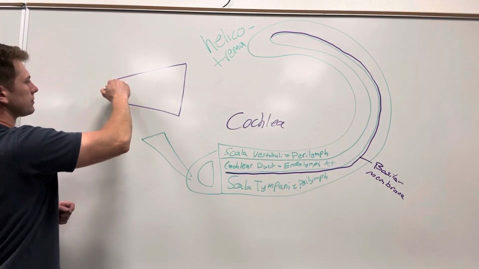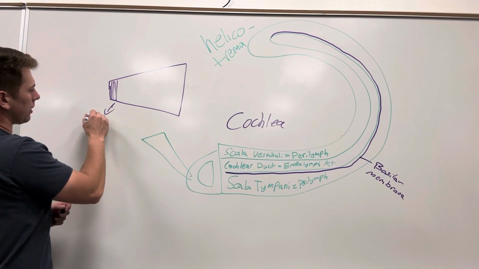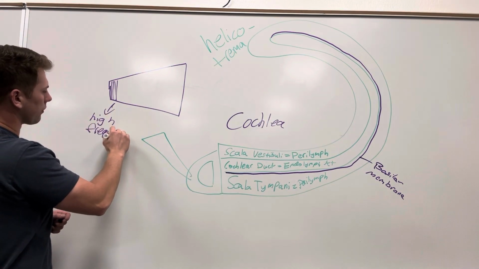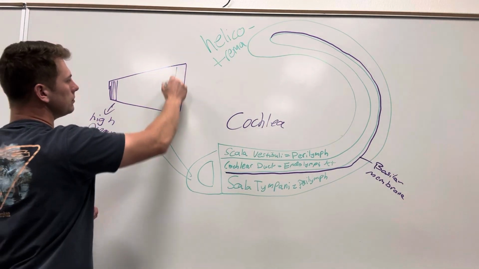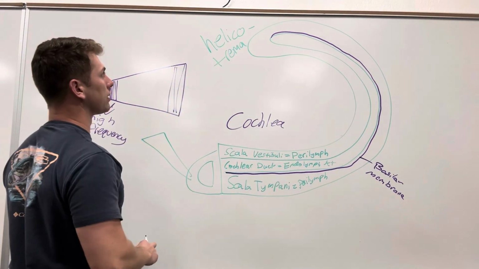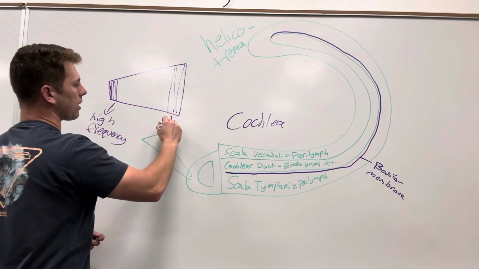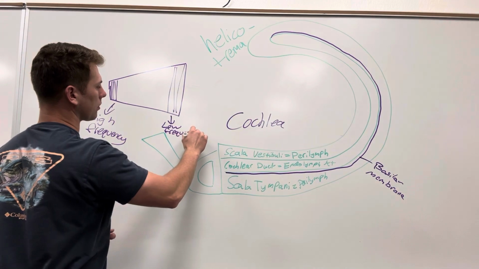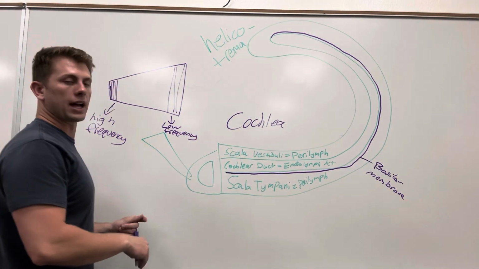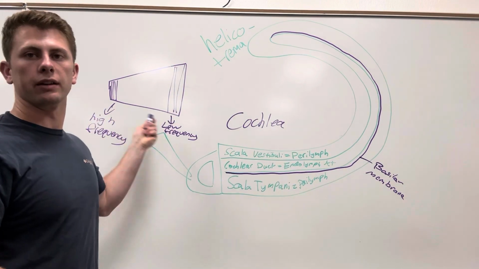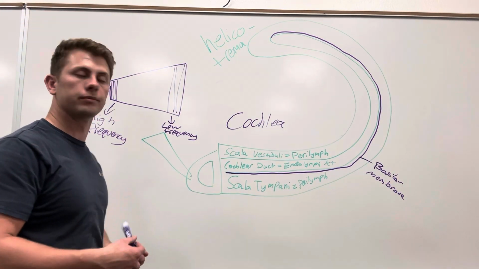And down here, that's how we hear high frequency noises. And higher toward the helicotrema is how we hear low frequency. So that's the basilar membrane and how we can hear different pitches of sounds.